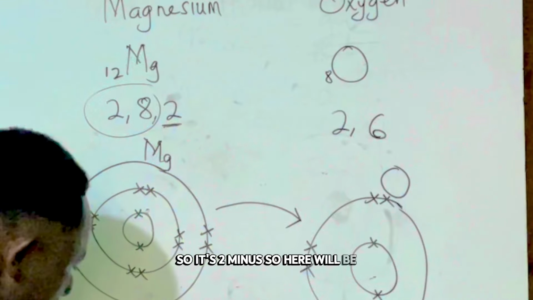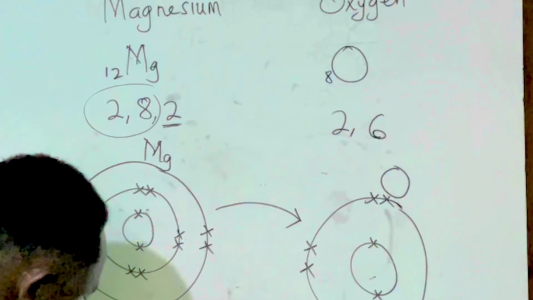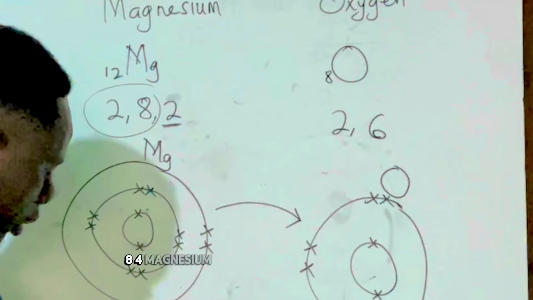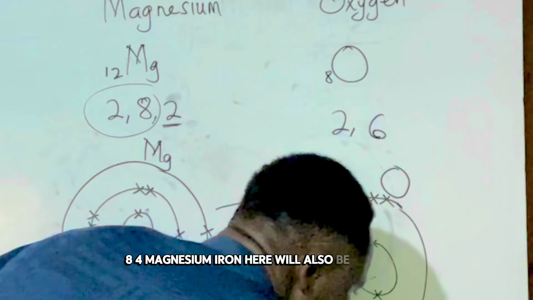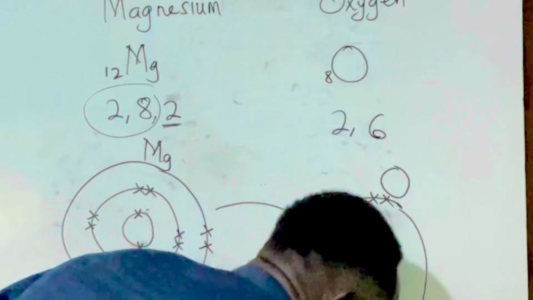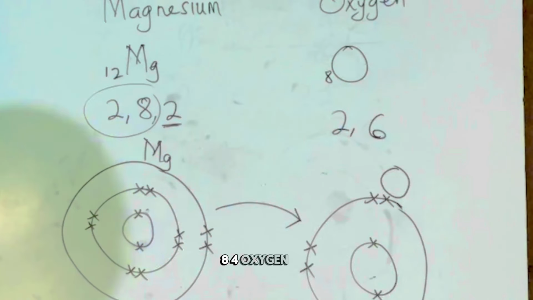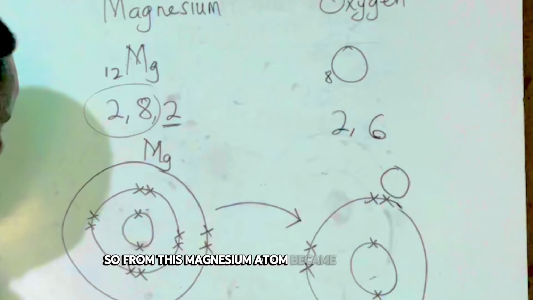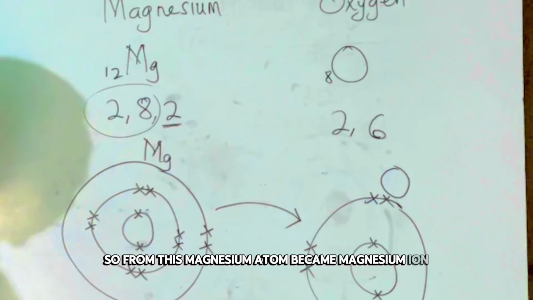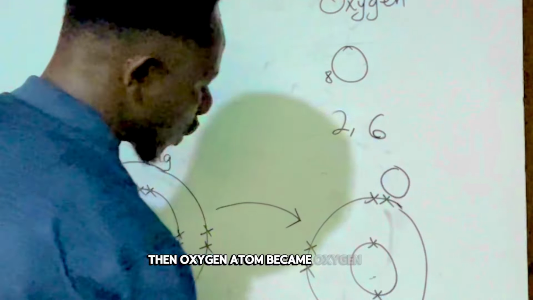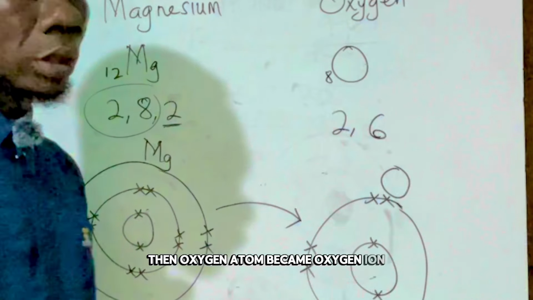So here will be 2, 8 for the magnesium ion. Here will also be 2, 8 for the oxygen ion. So from this, the magnesium atom became a magnesium ion, then the oxygen atom became an oxygen ion.